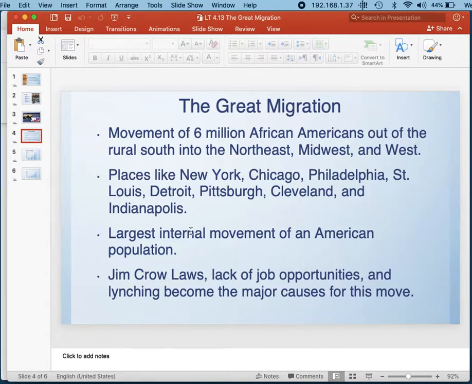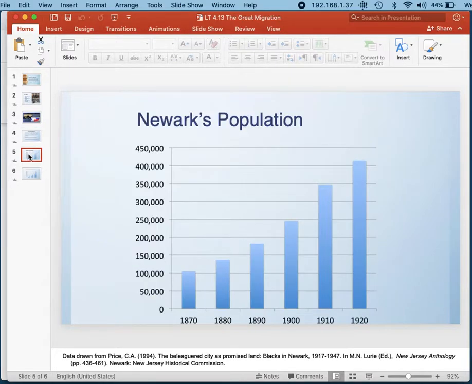So I wanted to show you a bar graph, just to give you an idea of the impact of how populations actually grew during this time frame. So in this slide here, we look at Newark's population. That's Newark, New Jersey, the state that's right next to New York.